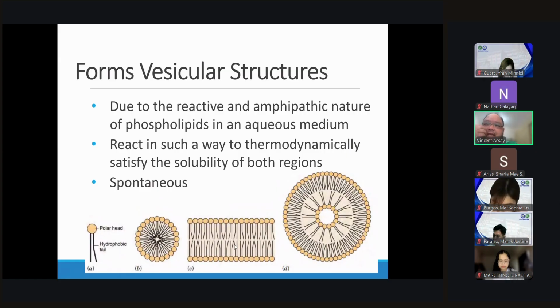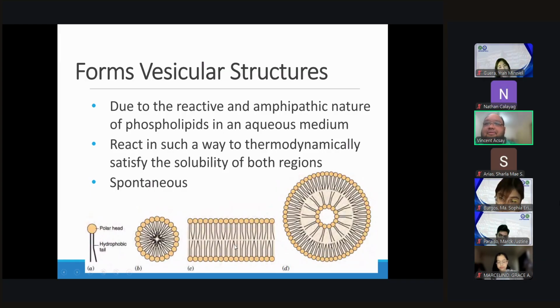When you have these lipids inside the body, if you remember the old commercials that say the body is made up of 2/3 water or 70% water, it means the body forms an aqueous or polar medium. The polar heads interact fairly well with water and will associate with it. The hydrophobic tails want to run away from it and do not want to react with it.